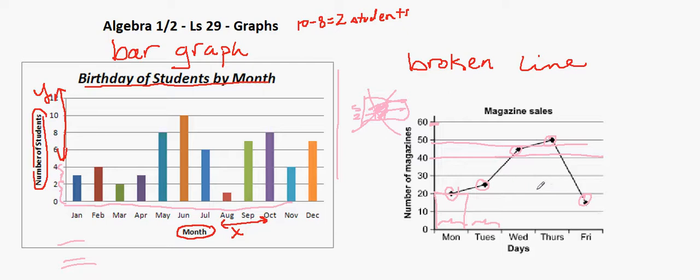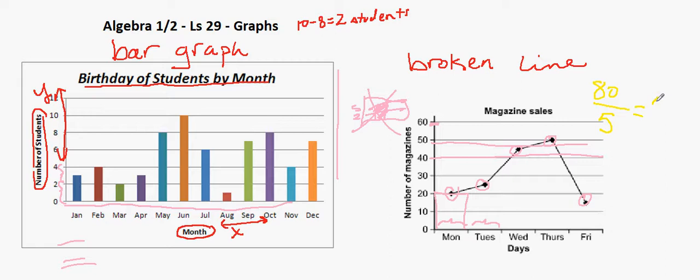If it asked me how many on average were sold each day of the week, how would we solve that? We would take my 5 totals, add them up, roughly, let's say it's 80. I'd have to check. 80 divided by what? By 5. Average magazines sold per day of the week would be, I was going to say 40.